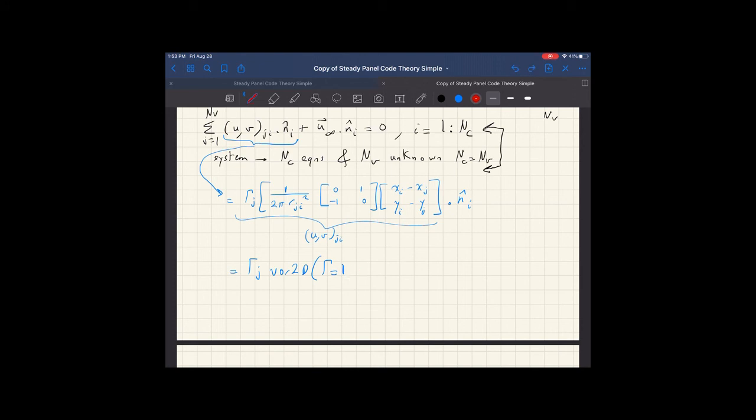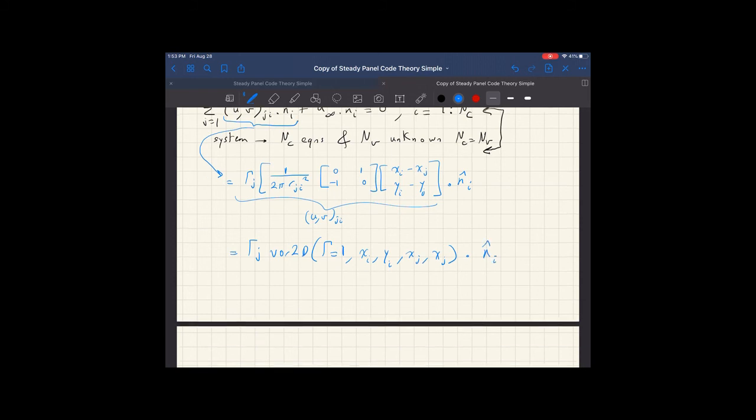This function takes in gamma equal to 1, and then the position of the collocation points in question and the position of the vortex that we are interested in. And then you dot this expression with the normal unit vector at that collocation point that you're using.